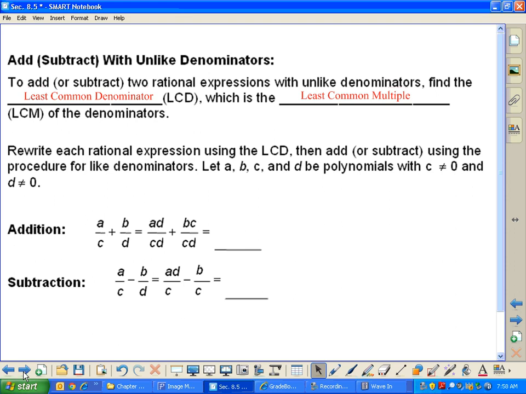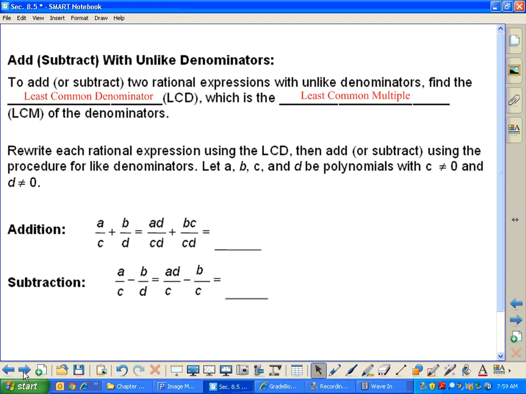After you find that LCD, step 2 is to rewrite each of those fractions so that they have that LCD in the bottom. And then the third step is you actually perform the addition. So the first paragraph here is step 1, the second paragraph is step 2, and then the third step is actually doing the addition or subtraction.